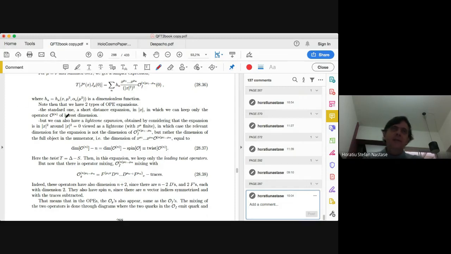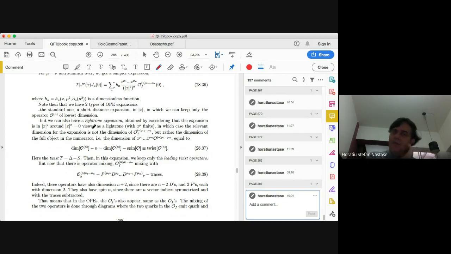But in Minkowski space, modulus of x going to 0 is not the same as x going to 0. In particular, we can have modulus of x squared equal to 0, thought of as a light cone, with x finite.